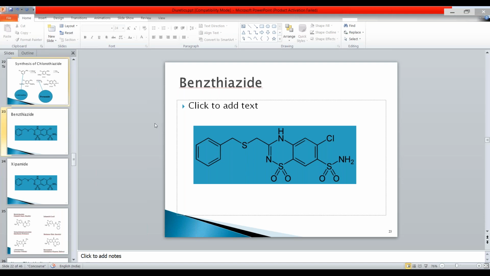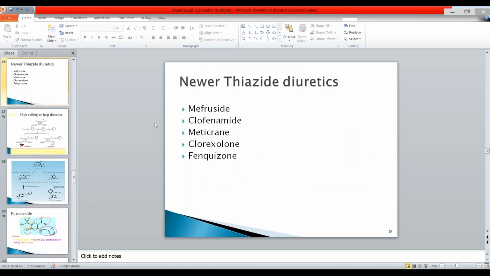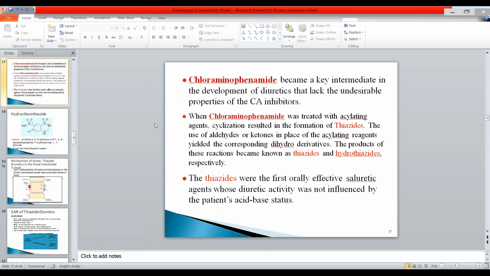The parent compound of this class of drugs is chloraminophenamide.